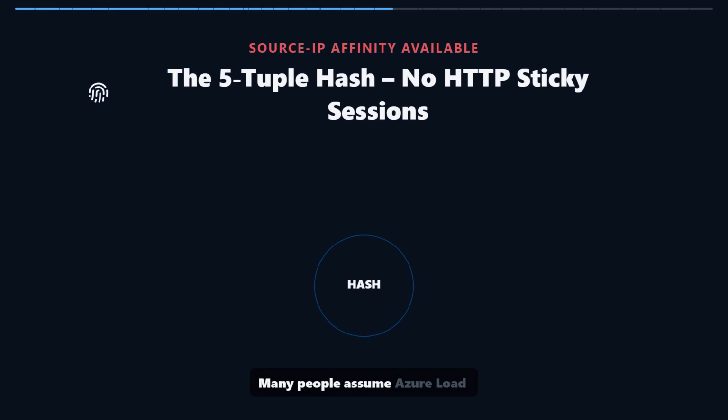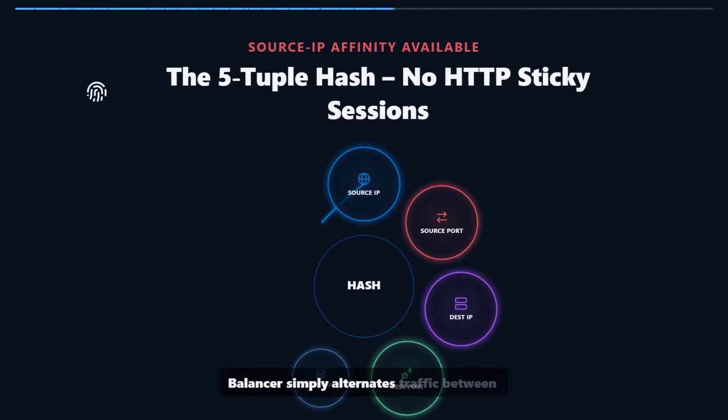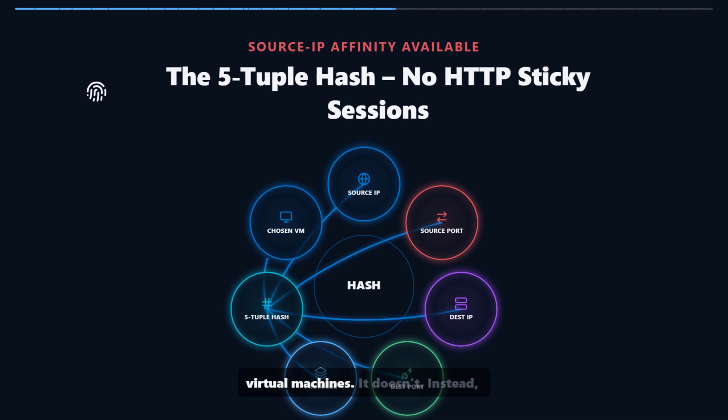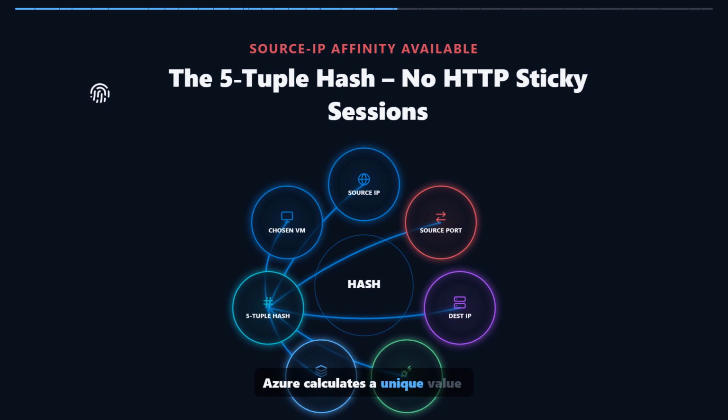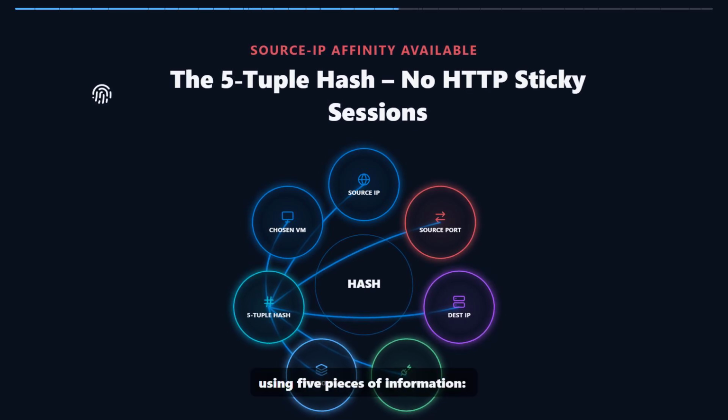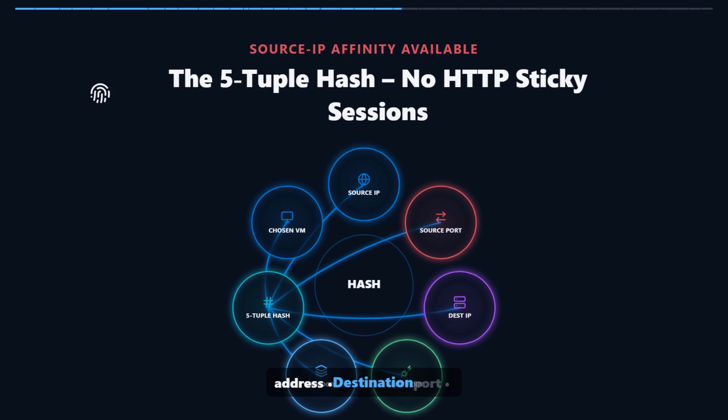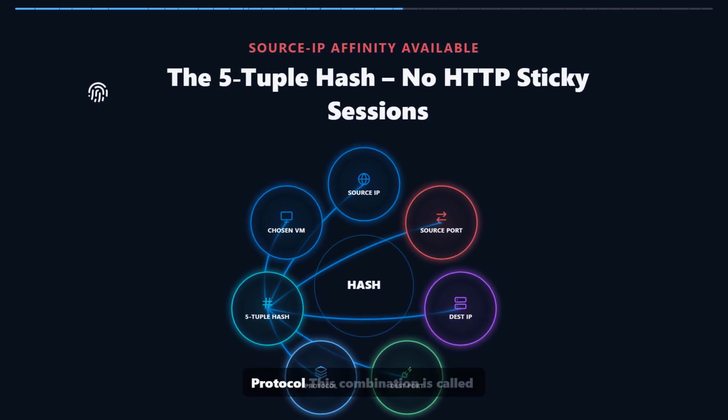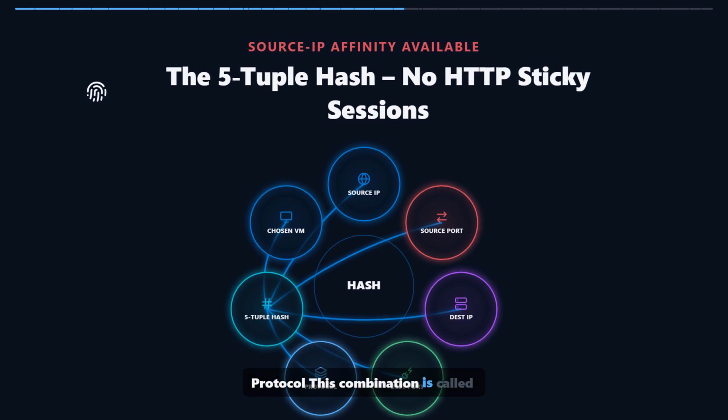Many people assume Azure Load Balancer simply alternates traffic between virtual machines. It doesn't. Instead, Azure calculates a unique value using 5 pieces of information: source IP address, source port, destination IP address, destination port, protocol. This combination is called the 5-tuple hash.